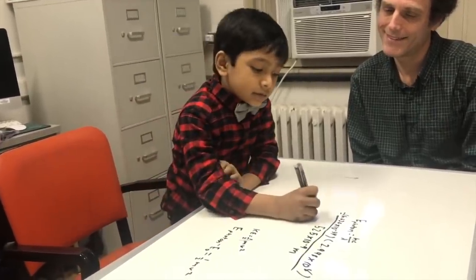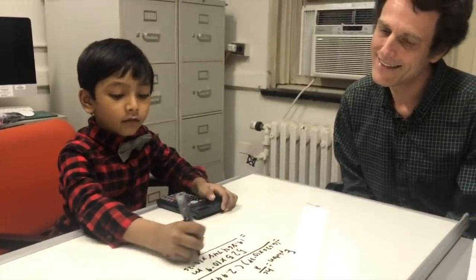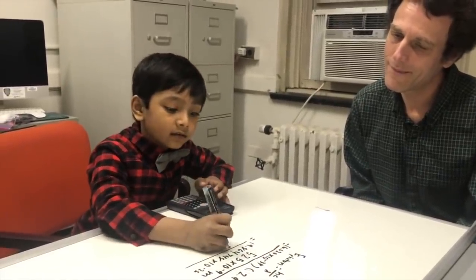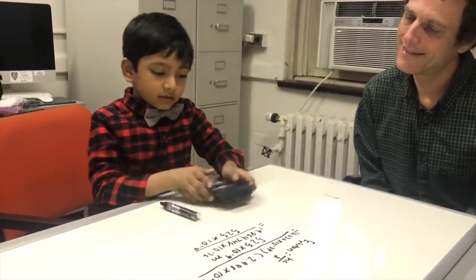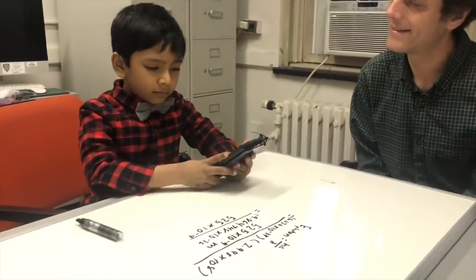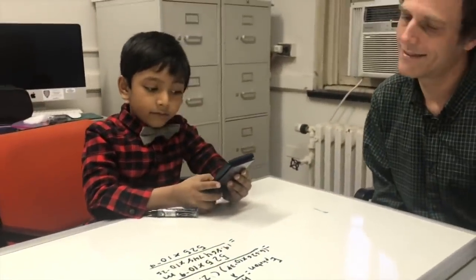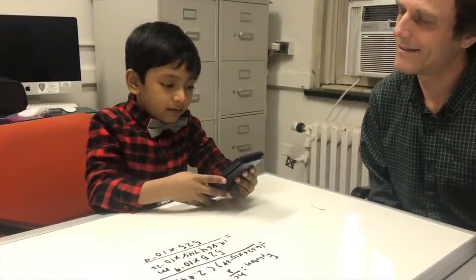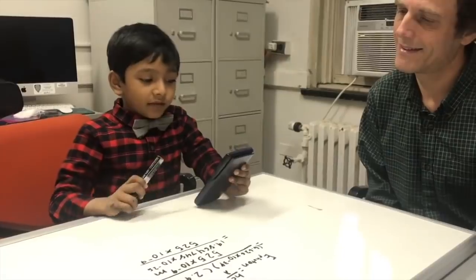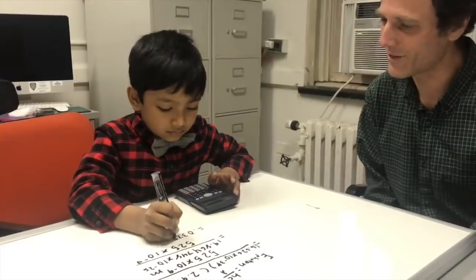So 6.626 times 2.998. Don't forget about the bottom of the fraction. 19.864748 divided by 525 gives 0.0378.